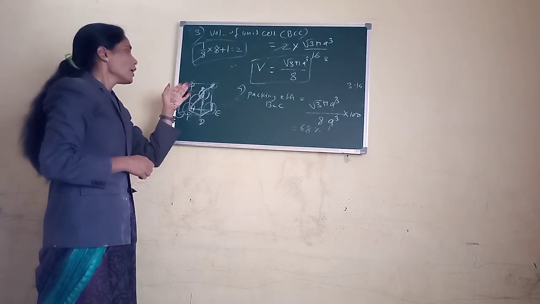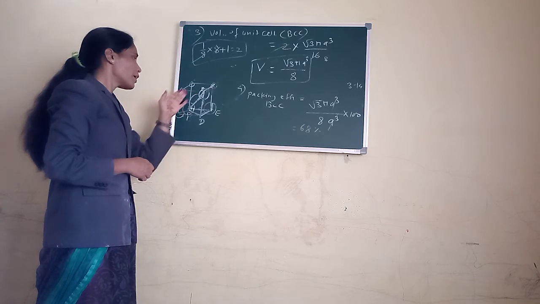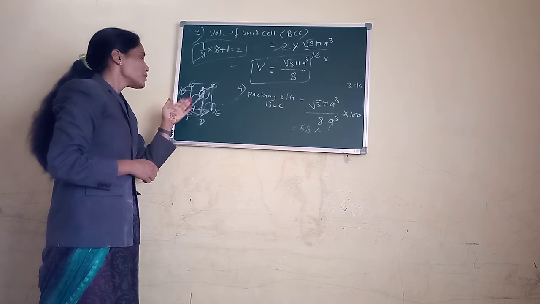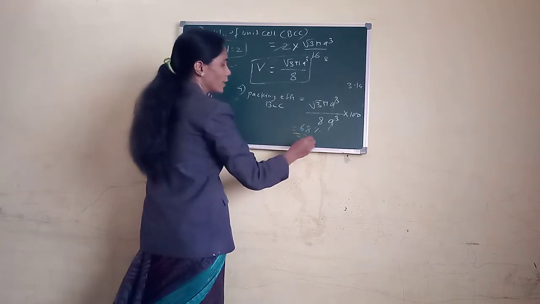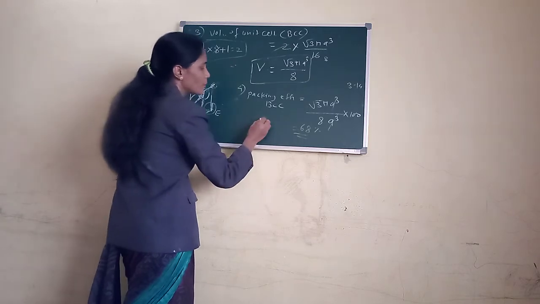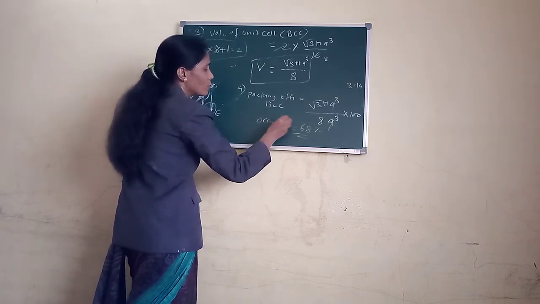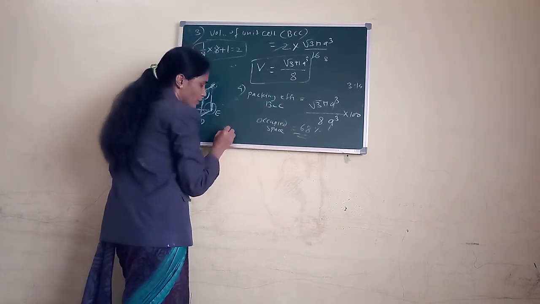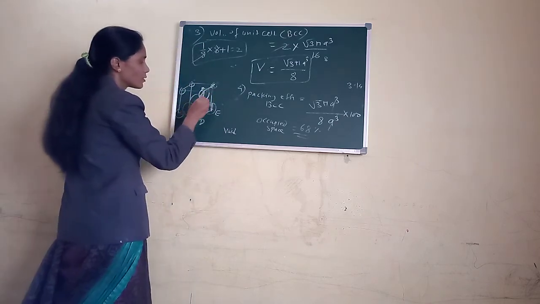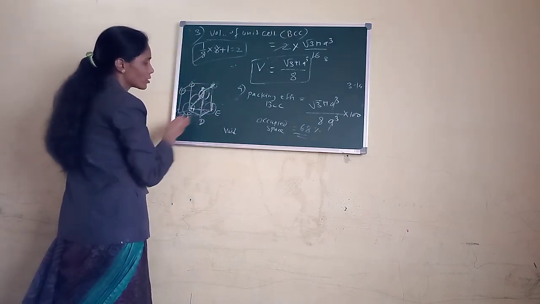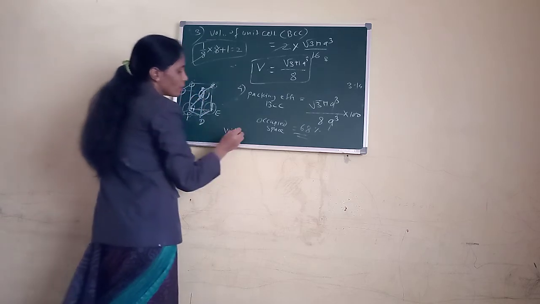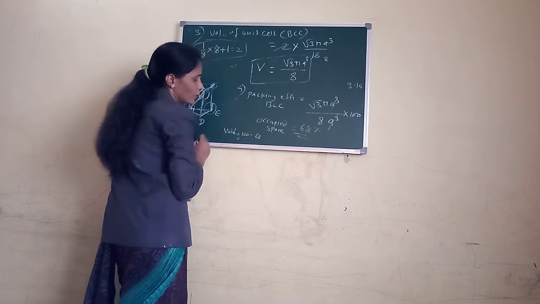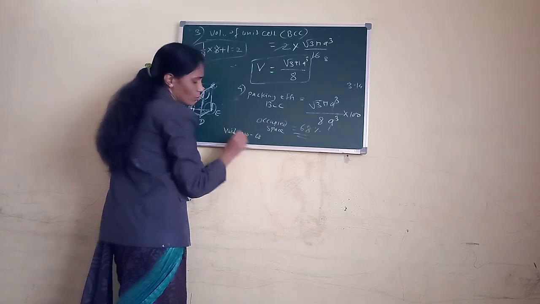In BCC, 8 spheres at the 8 corners and 1 sphere at the center, means occupied space is greater, that is 68%. 68% is the occupied space or packing efficiency. And voids means empty spaces, the space other than the spheres, is 100 minus 68% is equal to 32%.